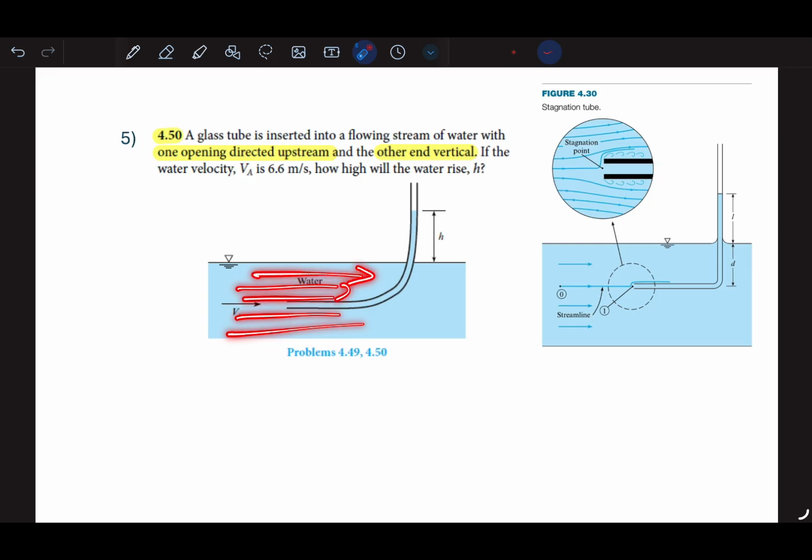We have one opening directed upstream, and the other end is vertical. If the water velocity, VA, is 6.6 meter per second, how high will the water rise? We need to find h here.